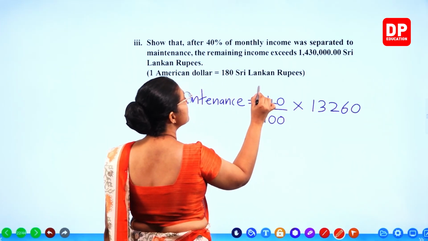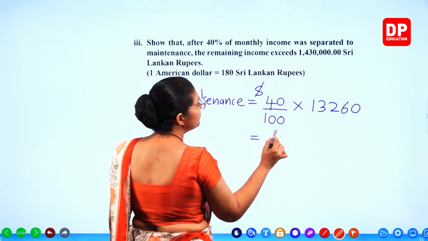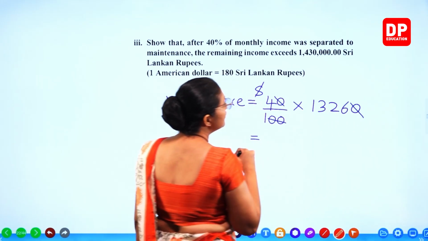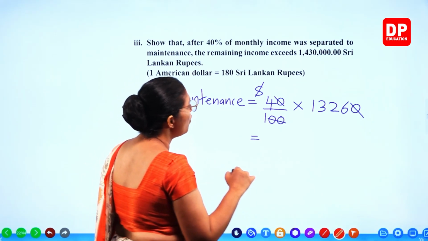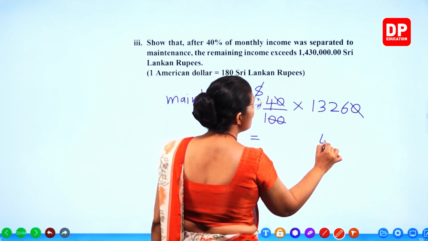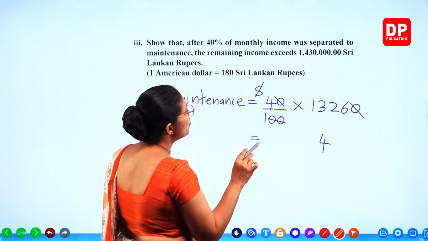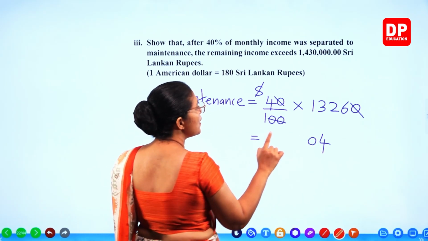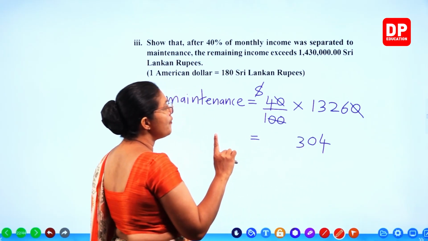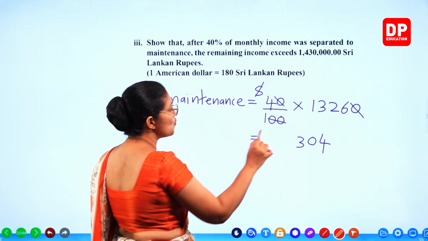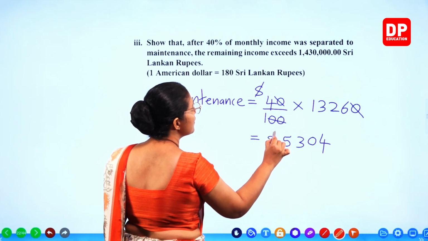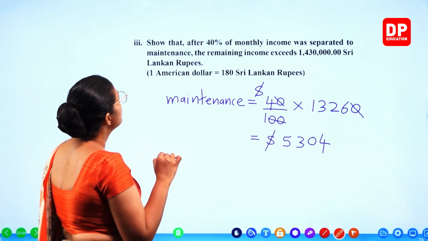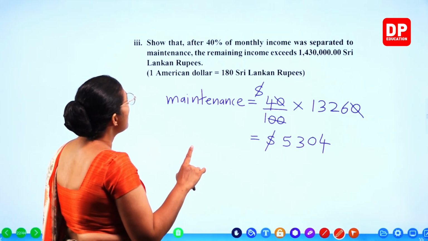This is in dollars. 2 zeros. Multiply by 4. 4 times 6, 24. 2 remaining. 4 times 2, 8 plus 2, 10. 1 remaining. 4 times 3, 12 plus 1, 13. 1 remaining. 4 times 1, 4 plus 1, 5. $5,304.